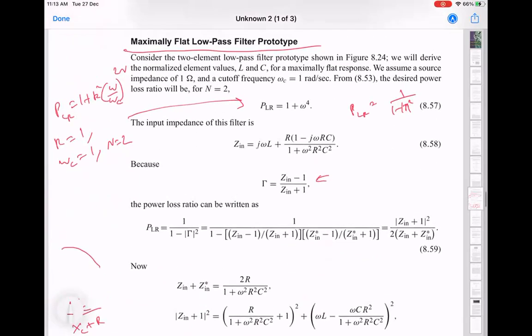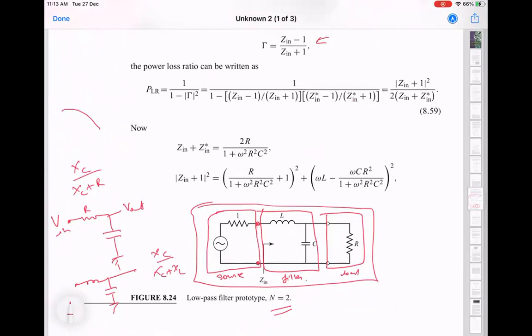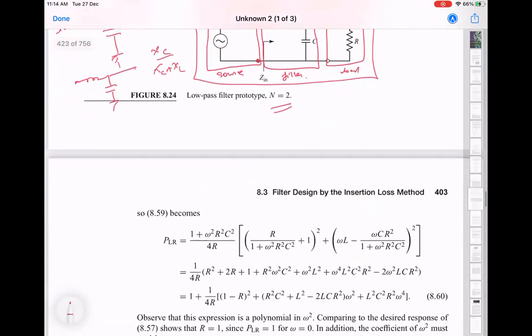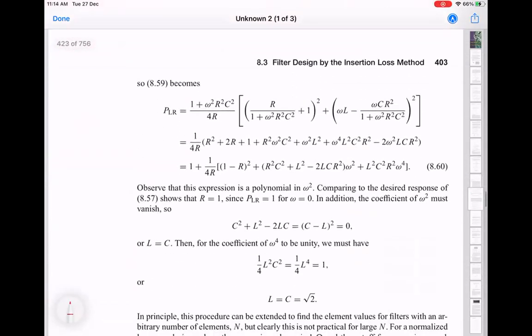So you can basically do that for the simple LC circuit, which is what they do here. I mean, the math is messy, but it's straightforward. And you get basically an expression for PLR in terms of this L, C, and R. And you see it's a fourth order polynomial equation in omega.